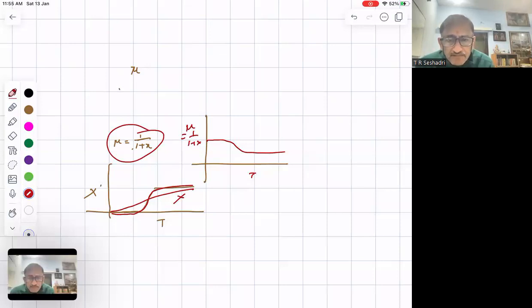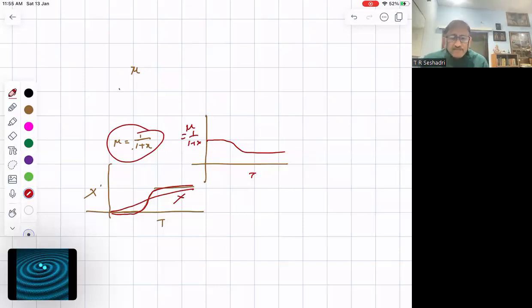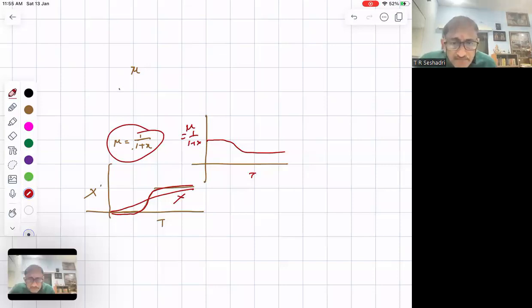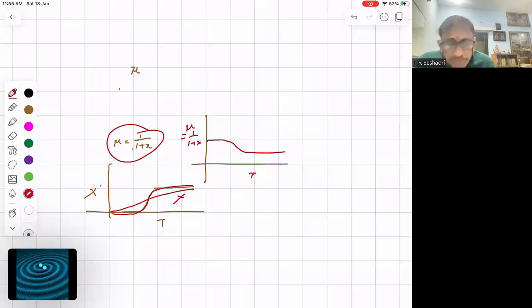Z by A is 4 by 9. When you say Z by A is 1 by 2, you're taking it as 4.5 by 9. So the error which you are doing is 0.5 by 9, so it's 1 by 18. So it is a 5% error in 1% of the material.